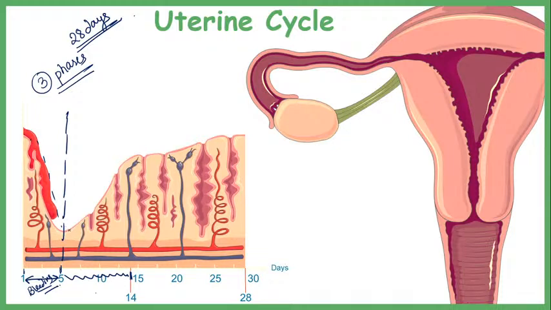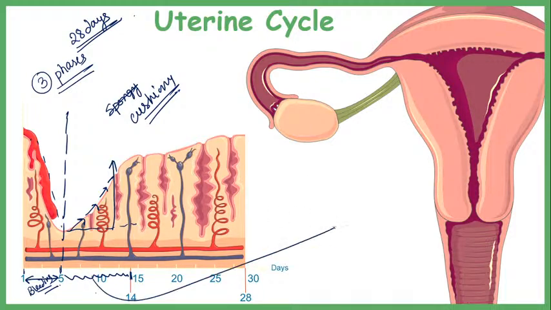Can you see the shed endometrium again grows in size? This is the regrowth. The endometrium slowly grows in thickness, becomes cushiony. Growth is known as proliferation.